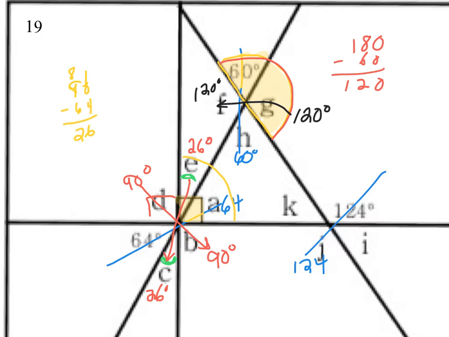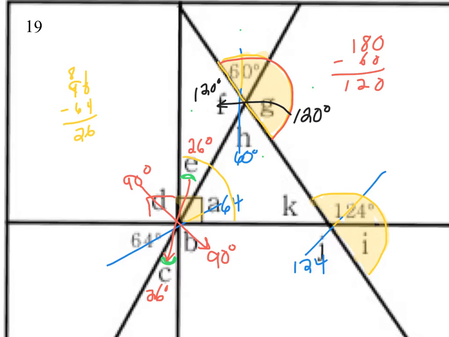All right, so let's just see if these are all done. This is done, done, done, done. All right, last one. If this is 124, I'm going to notice that this one and this one are supplementary. See how they're sitting on that straight line? And a half circle, so 180 degrees.